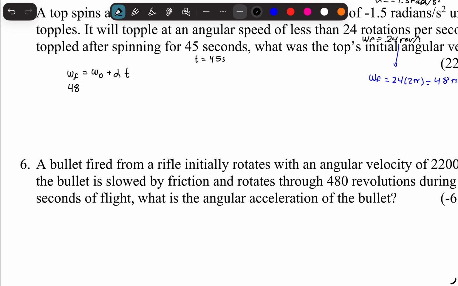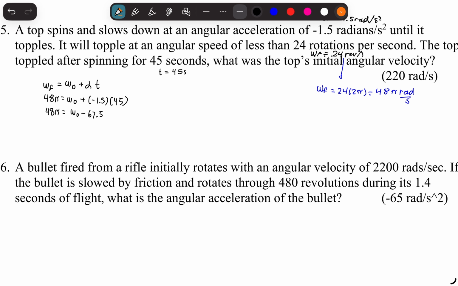So that's going to be 48 pi is equal to angular velocity initial plus negative 1.5 times 45. So this is 48 pi is equal to angular velocity initial minus 67.5. Now, we want to solve for the initial angular velocity.